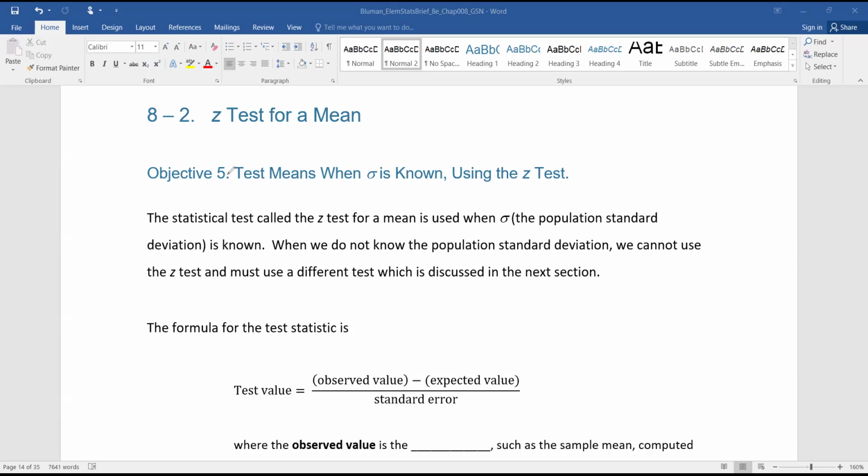We have also seen this in the last chapter when talking about the confidence interval. The formula for the test statistic is: the test value equals the observed value minus the expected value, divided by the standard error.